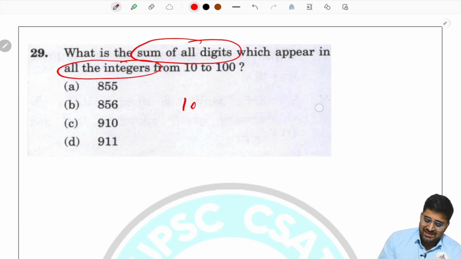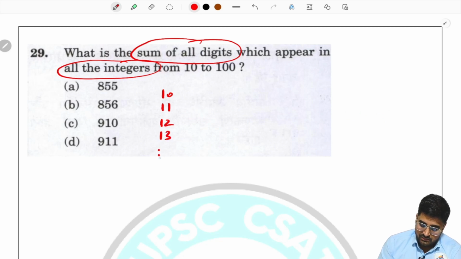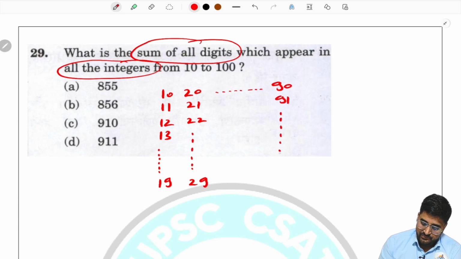No, they are basically asking that there are numbers, for example 19, 29, till 90, 99.